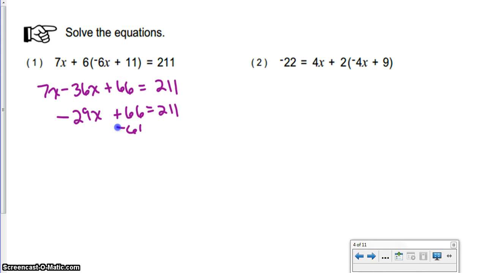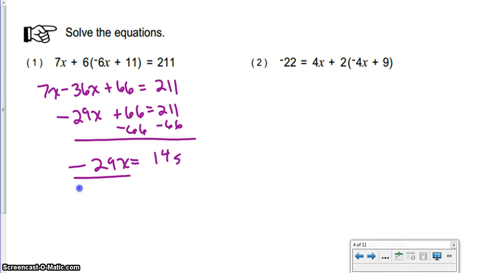Additive inverse for the constants, negative 29x equals 145. Divide both sides by negative 29. And x will equal, you tell me.